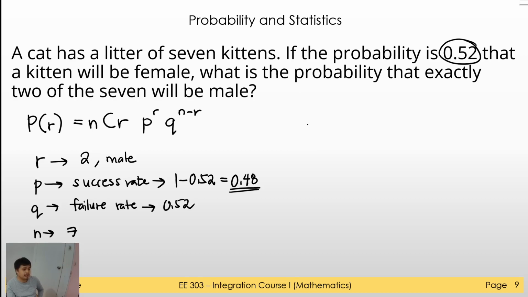Plugging these values into our formula, we have 7C2 times 0.48 raised to R, where R is 2, times the failure rate 0.52 raised to N minus R, so 7 minus 2, which is 5.